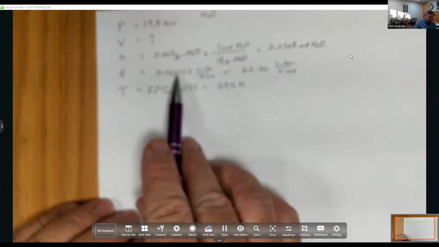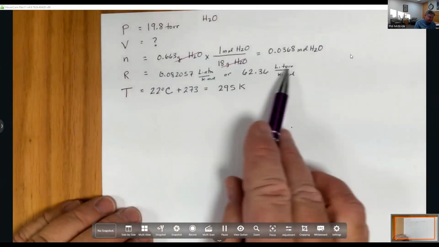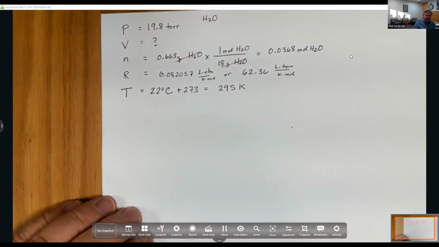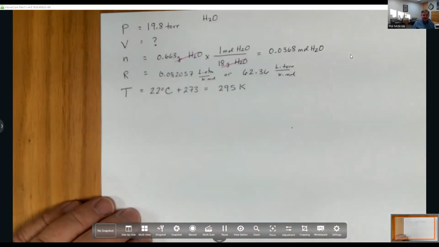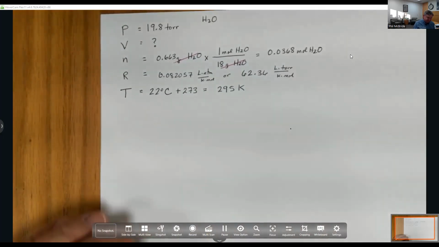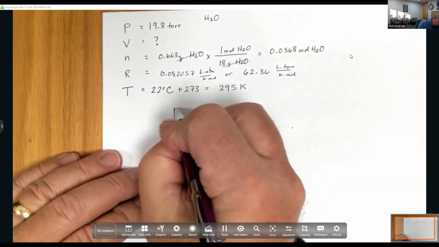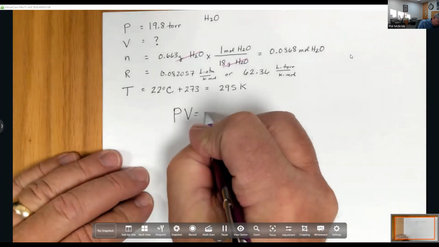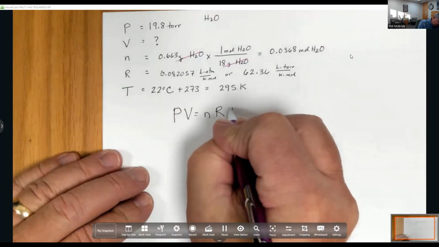So to change liters atmospheres into liter torr, we just multiply by 760 because there's 760 torr in 1 atmosphere. So then we use our equation, PV equals nRT.